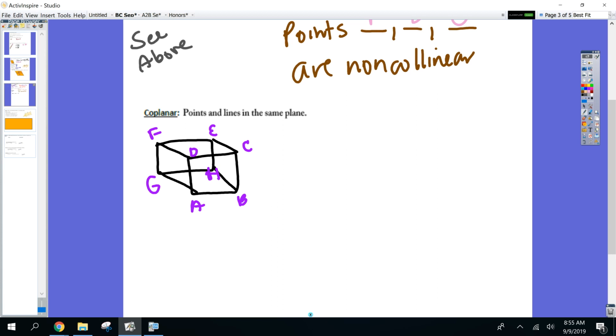Okay, let's talk. How many faces are there? Showing 6 faces, right? So you can think of each face as a plane. Each of those 6 faces are planes.